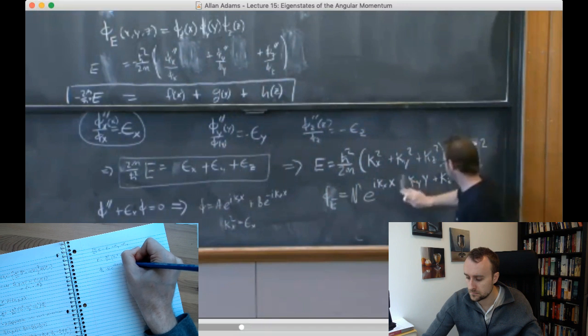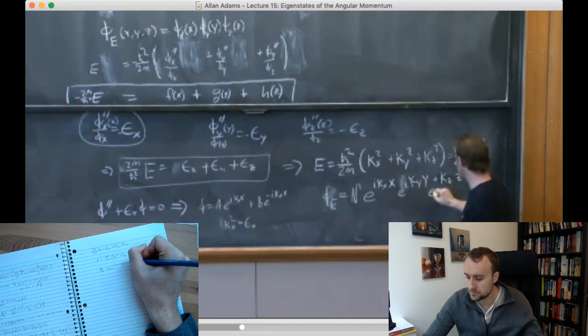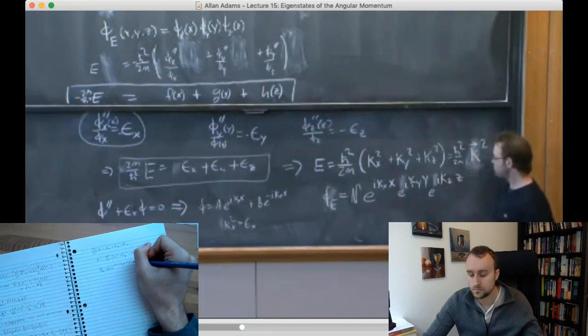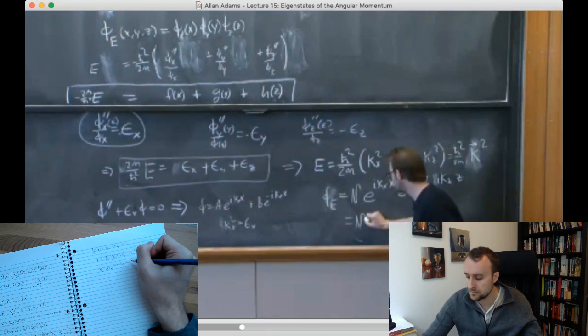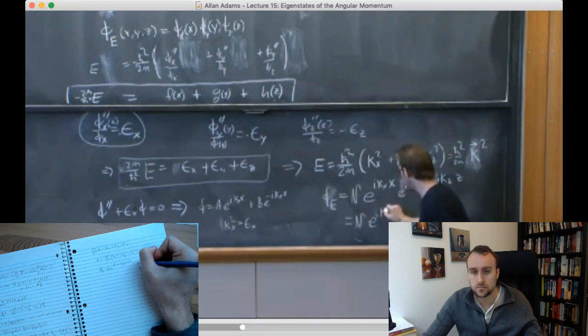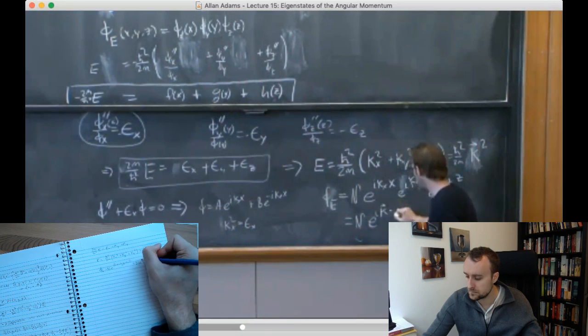You can write this as some normalization constant e to the i, k vector dot r vector.